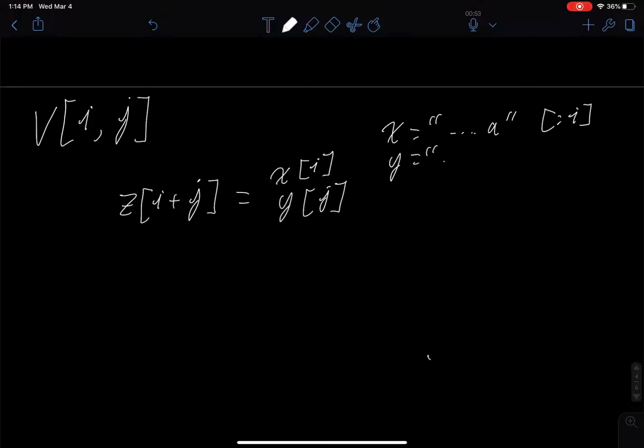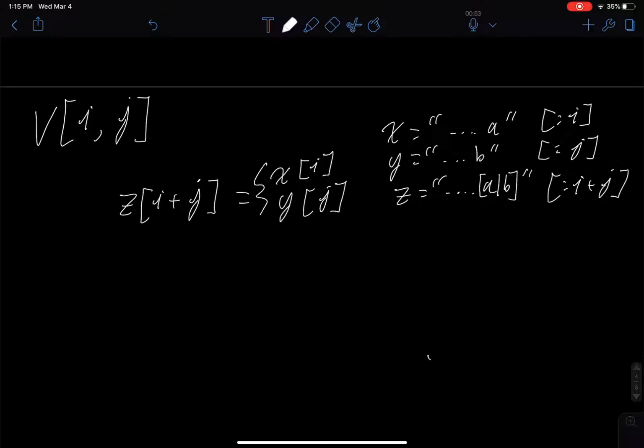Similarly, y, the first j characters of y, has a bunch of random stuff, and then ends in a B. If z is really an interleaving of x and y, we know that the i plus jth character of z has to be either an A or a B. There's really no other option. So, we look at each of these two cases individually.